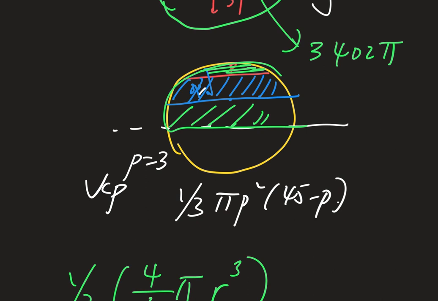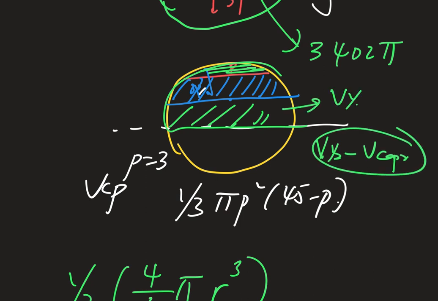It is V half minus V cap 2. So this is V half, you need to minus cap 1. You minus V cap 1 minus V cap 2. So that means that is V cap 1 plus V cap 2.